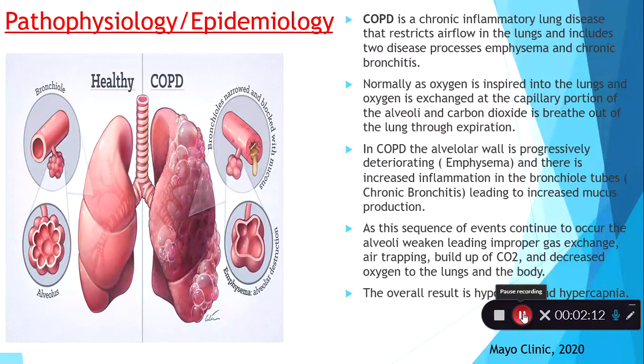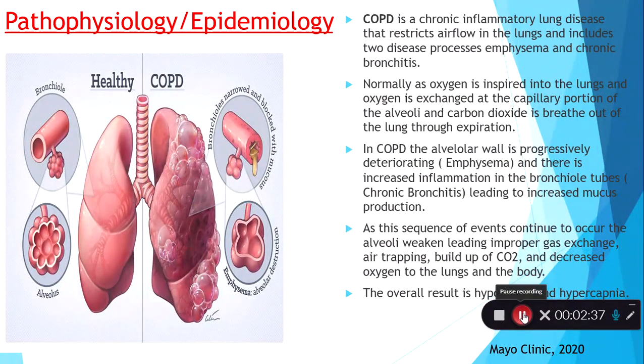In COPD patients, this normal physiology is not occurring due to destruction of the alveolar wall and also inflammation of the bronchioles. As bronchioles in the lungs continue to thicken, mucus production is increased.